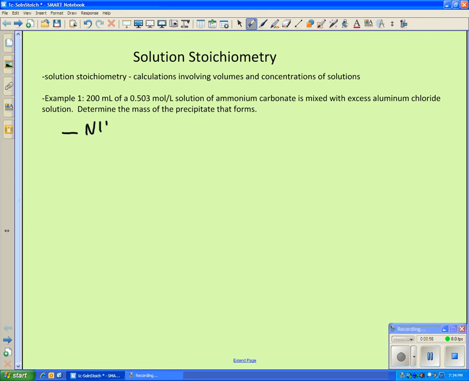So the ammonium carbonate, (NH4)2CO3, and that's with an aluminum chloride solution, AlCl3. And on the product side, we will have ammonium chloride, NH4Cl, and a second compound, Al2(CO3)3.